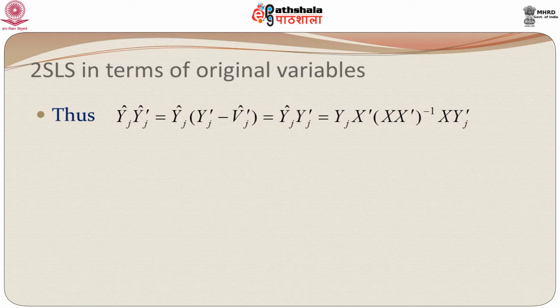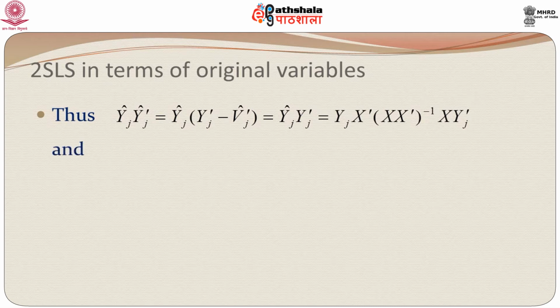If you simplify this in terms of the original variables, one of the yj hat can be first written as yj minus vj hat, and now we have vj hat and yj hat uncorrelated. Therefore, that term actually is 0. So, we have yj hat into yj, and now replace the yj hat, estimated value of it, and you get the whole thing in terms of only the yj's and the x we had as the original data.